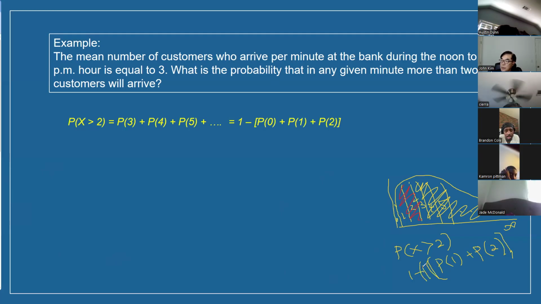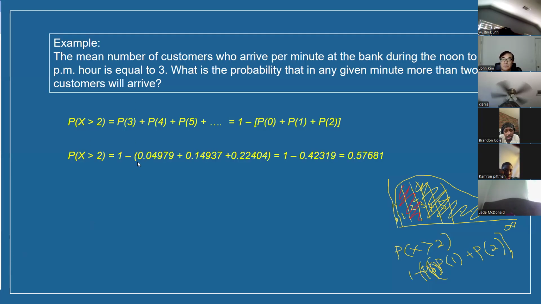So include the P0 plus like this. So we got P0, P1, P2 earlier. P0 is 0.04979 and so on. So 1 minus 0.42319 equals 0.5761.